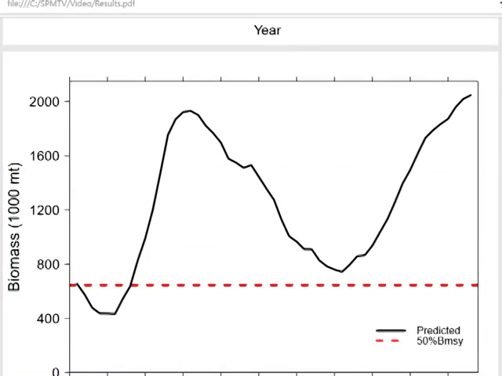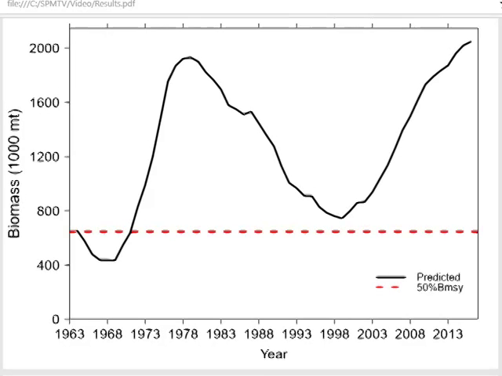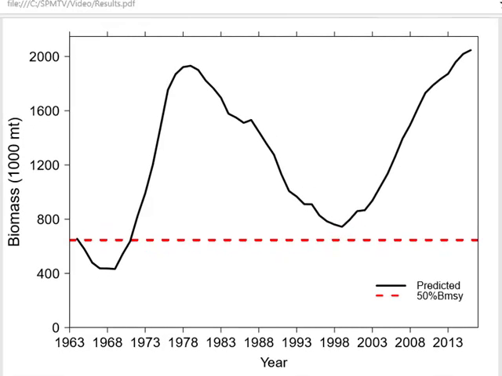The next plot is your estimated biomass, and because I selected the option for plotting reference points, it's also plotting our 50% of BMSY threshold as well. So here we have our time series estimates of biomass from the model, and our 50% BMSY line with the dashed red line.